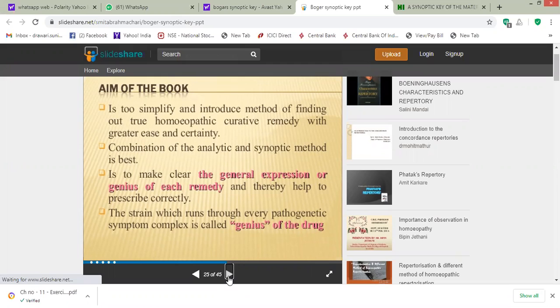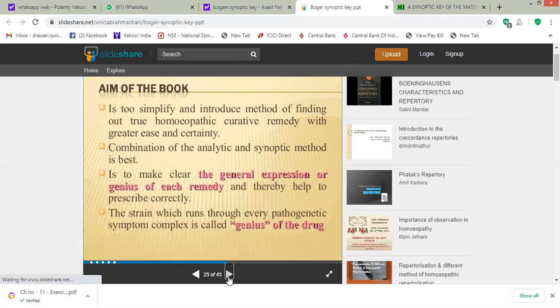It is to make clear the general expression or genius of each remedy and thereby help to prescribe correctly.